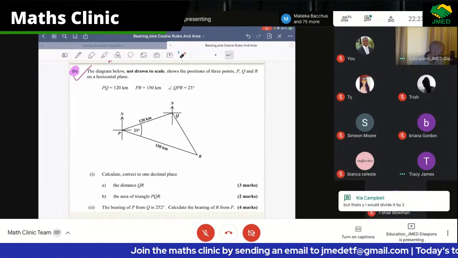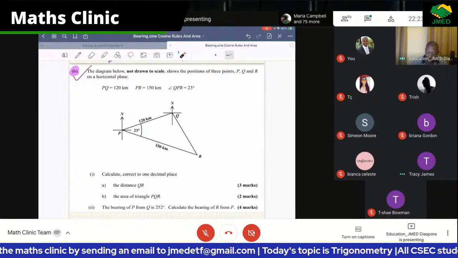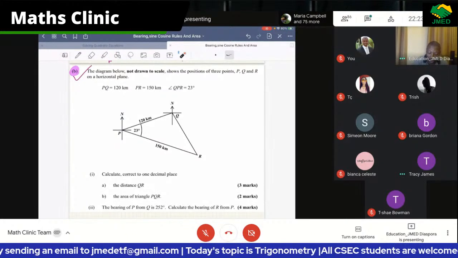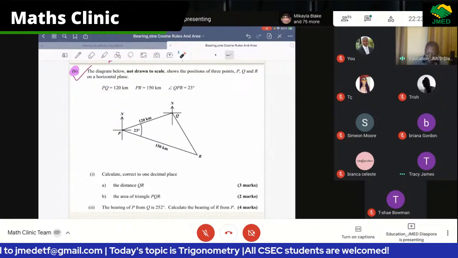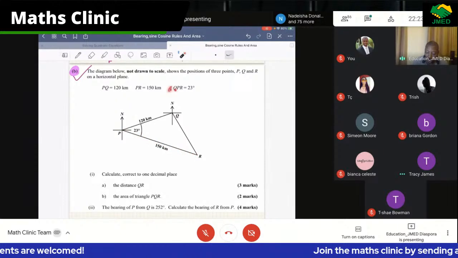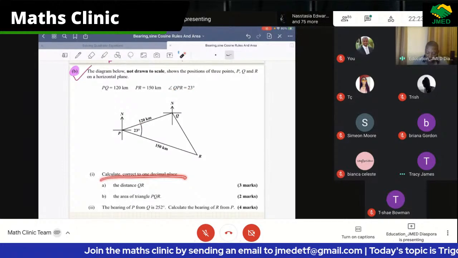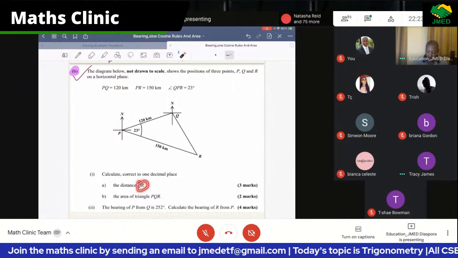It says PQ is 120, which is there. It says PR is 150, which is there. It says angle QPR is 23 degrees, which is there. It says calculate, correct to 1 decimal place, the distance of QR.